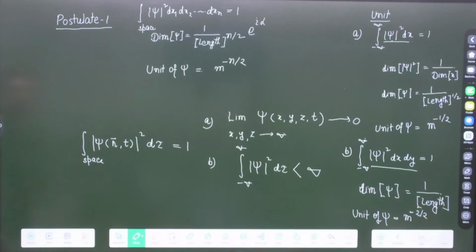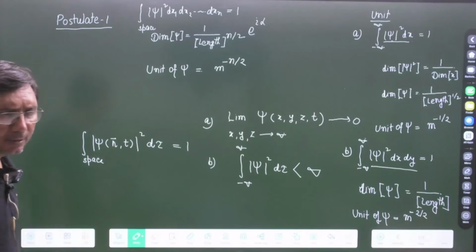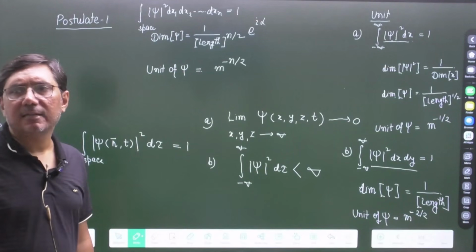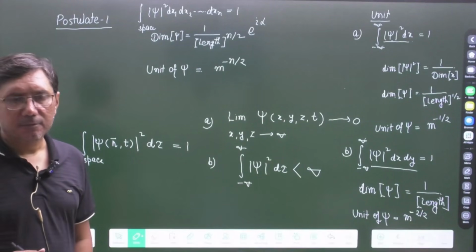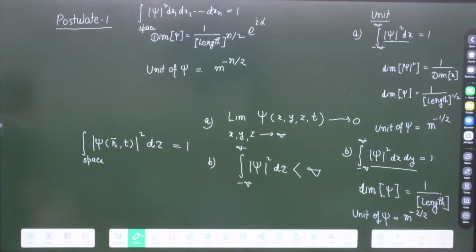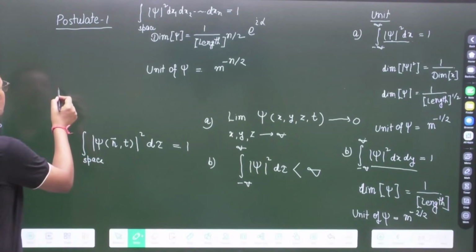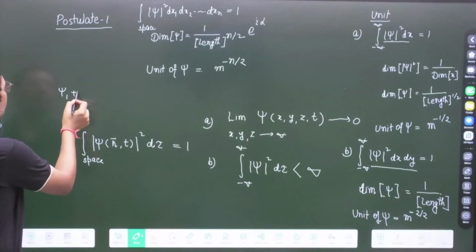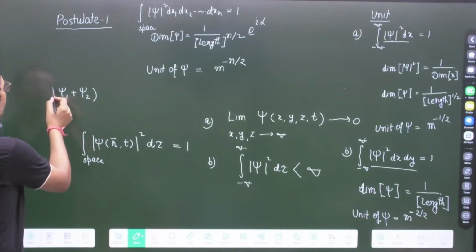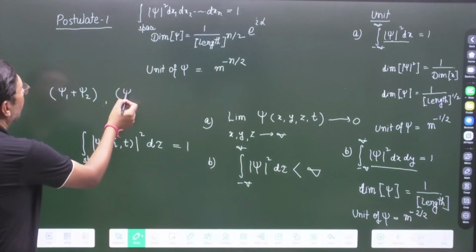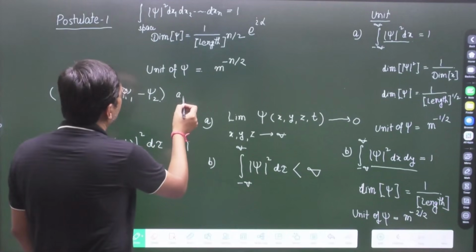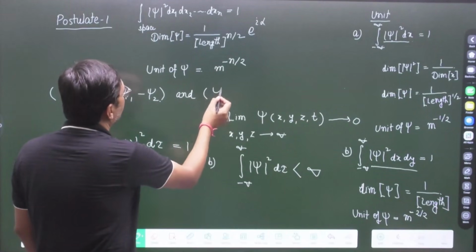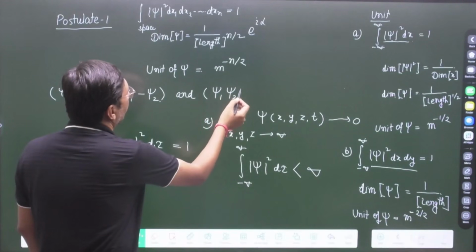One more property of psi: if psi1 and psi2 are two continuous functions, then psi1 plus psi2, psi1 minus psi2, and psi1 psi2 will also be continuous.